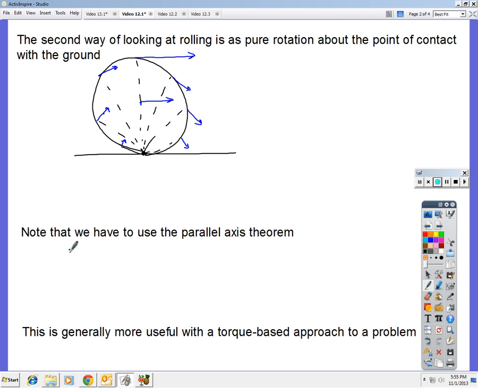If you know the moment of inertia of the wheel about the center of mass, which you usually do, then the moment of inertia about this point right here, by the parallel axis theorem, is I about the center of mass plus the mass of the wheel times the radius squared, because the center of mass of any well-designed wheel is right at the axle. And if you're using a torque-based approach to a problem, this is typically what you'll do.